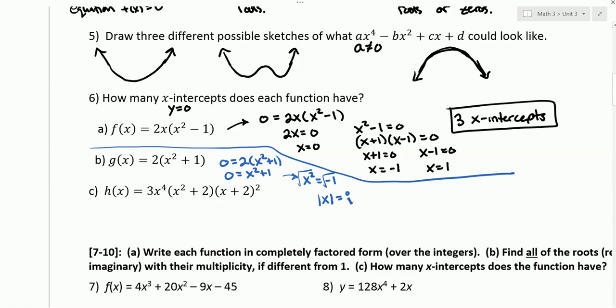If the absolute value of x is i, then x can be positive i, or x can be negative i. Both are not real, so B has no x-intercepts, because x-intercepts need to be real.